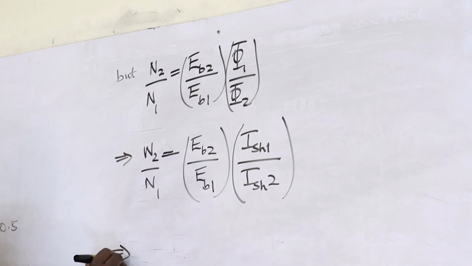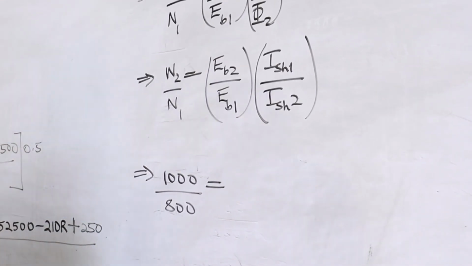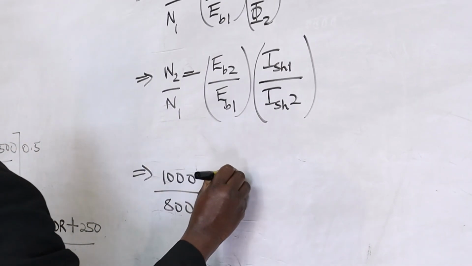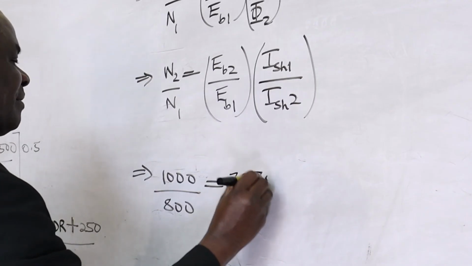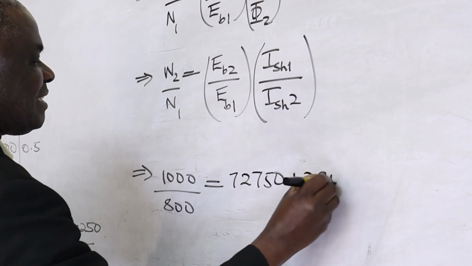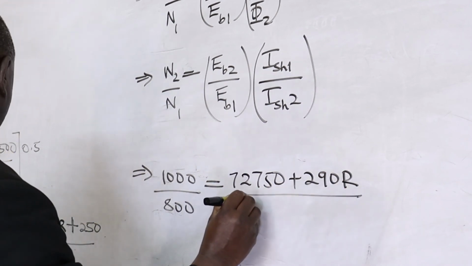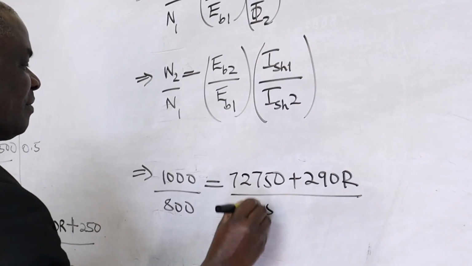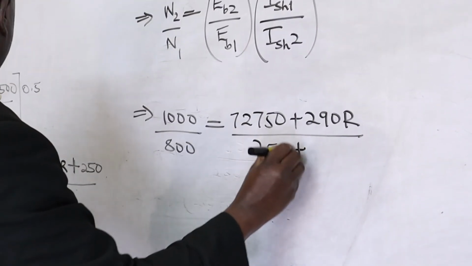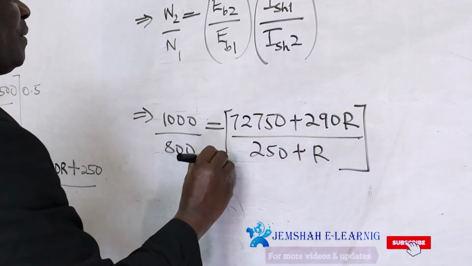This implies 1,000 all over 800 will be equal to EB2, 72,750 plus 290R all over 250 plus R. That's our EB2.